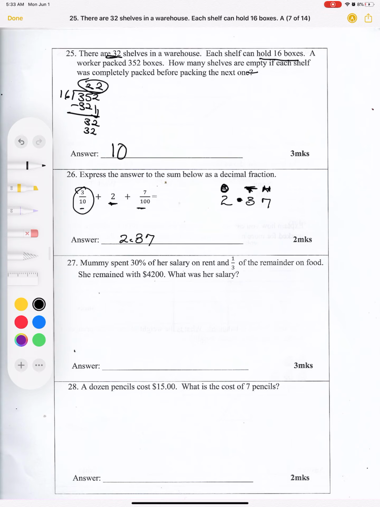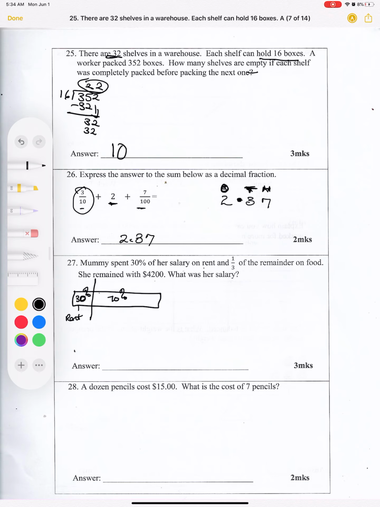Mommy spent 30% of her salary on rent and 1/3 of the remainder on food. She remained with $4,200. What was her salary? Mommy spent 30% of her salary on rent. So the whole thing is 100. This is the 30% spent on rent. So it means that this part shows 70%. Let's write rent here.